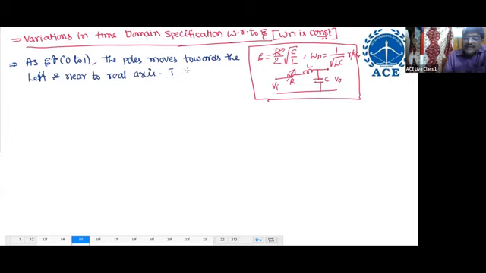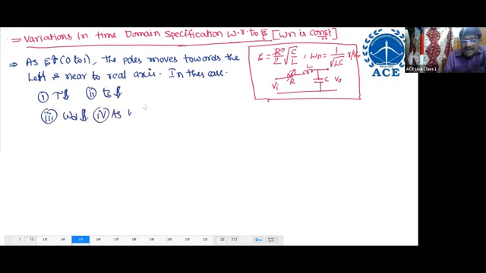In this case, first, time constant decreases. Second, settling time decreases. Third, omega D decreases. Fourth, as omega D decreases, TD, TR, TP increase.